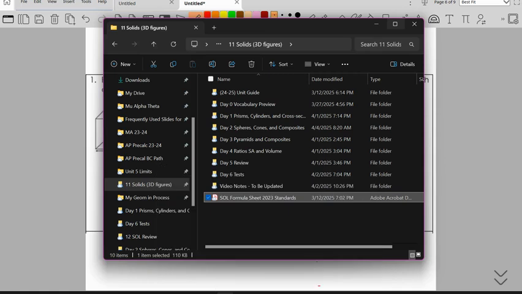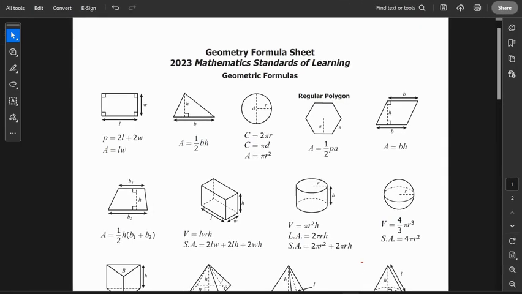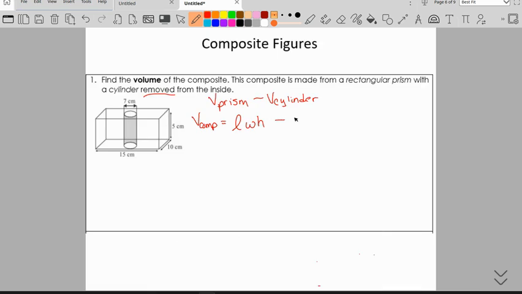Length times width times height, minus the formula for the volume of a cylinder. If I look at my formula sheet again, volume of a cylinder is pi r squared h. So minus pi times radius squared times height of the cylinder.